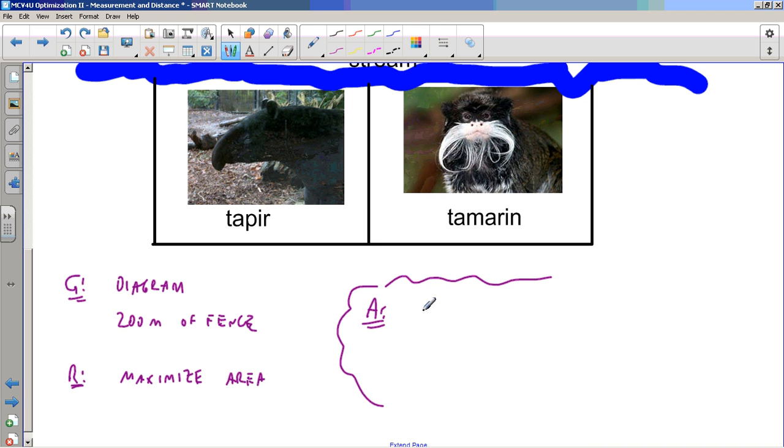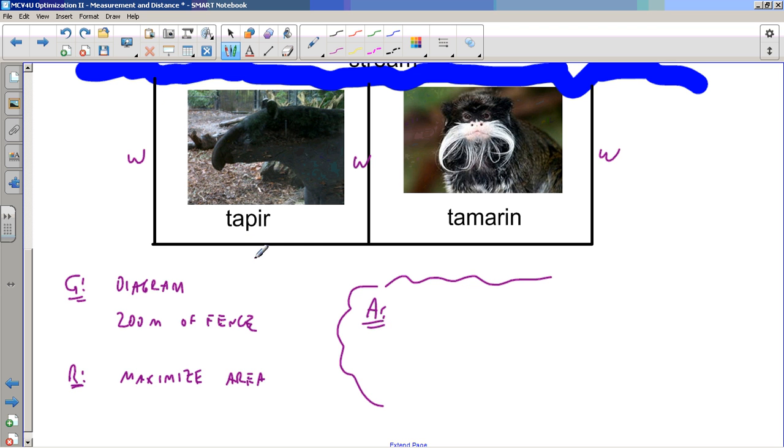What are we given? Well, notice it's not really a clear perimeter question. We've got bits and pieces all over the place. And you might say, well, let's call this the width. Then there's the width, and then there's the width. I could call this entire thing the length, but then I'm going to end up dealing with fractions, right? Because one of the areas would just be this times this.